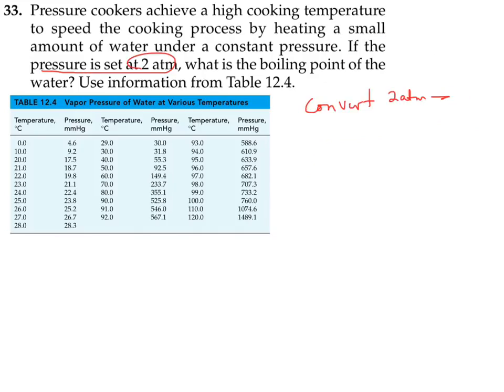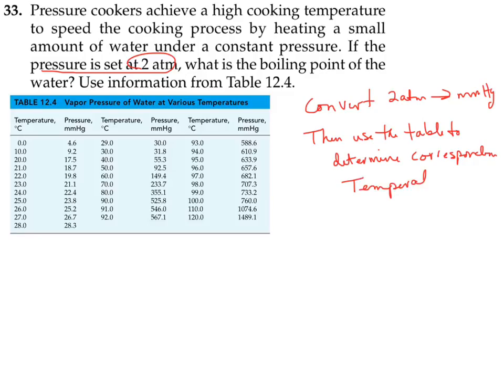Here's my hints for the next one. The next 2 are not so bad. The next 2, you're using this table, and it basically says, pressure cookers, the way they work is to increase the boiling point temperature. So at a pressure of 2 atmospheres, what temperature does water boil at?